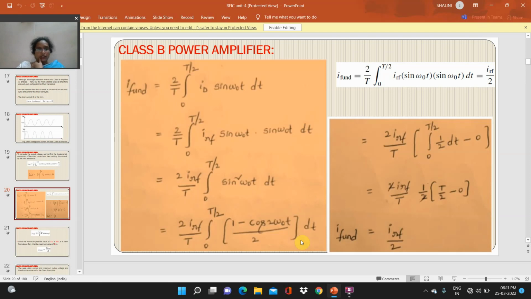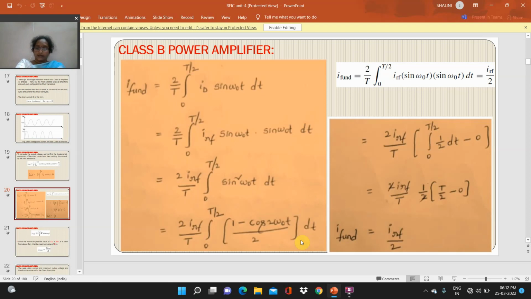I fund is equal to 2 by T, 0 to T by 2, ID sin omega naught t dt. That is 2 by T, 0 to T by 2, IRF sin omega naught t sin omega naught t dt. That is 2 IRF by T, 0 to T by 2, sin square omega naught t dt. That is 2 IRF by T, 0 to T by 2, of 1 minus cos 2 omega naught t by 2 dt, which is equal to 2 IRF by T, 0 to T by 2, 1 by 2 dt, minus 0.